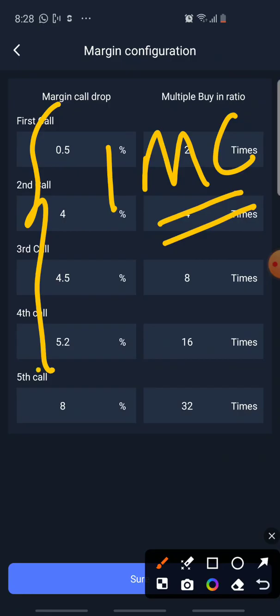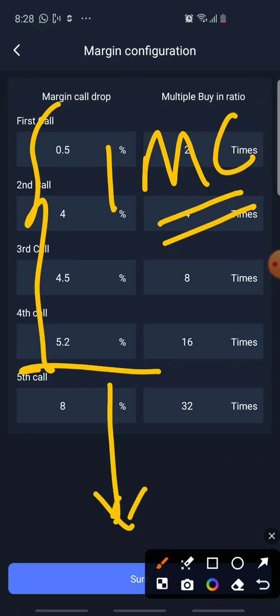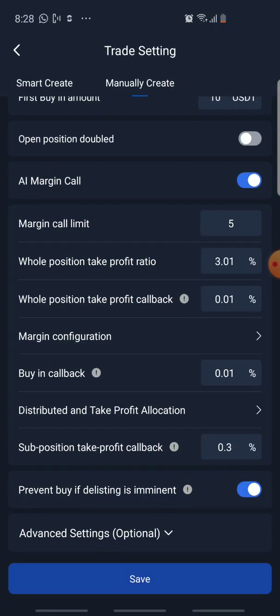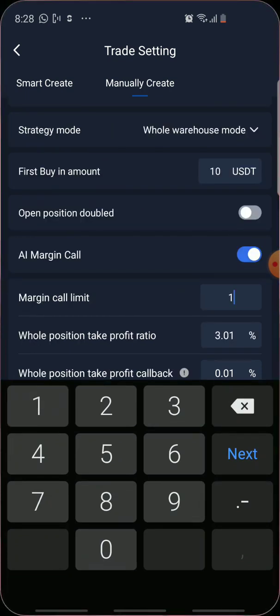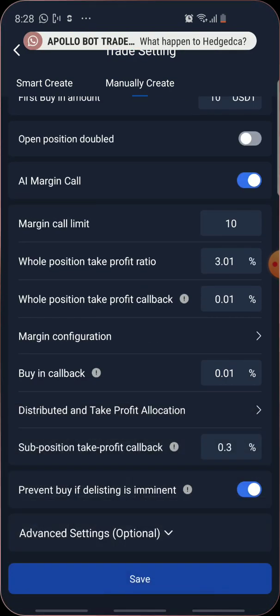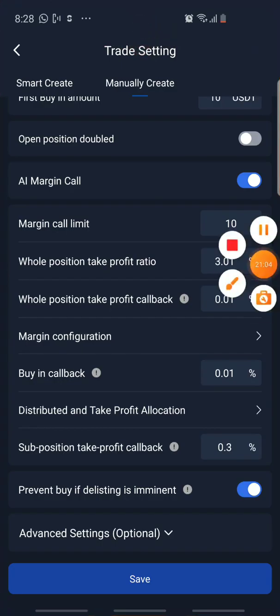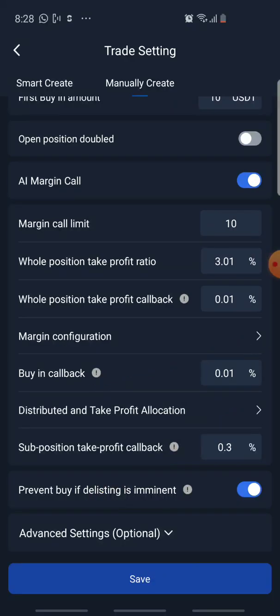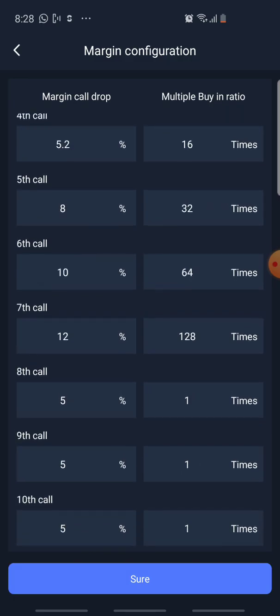Now margin calls from 5 and beyond can sell independently. For example, if I put 10 margin calls under margin configuration, we shall find the 10 positions.